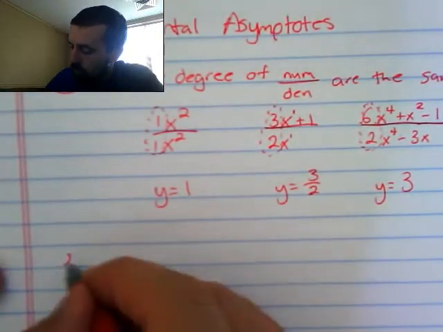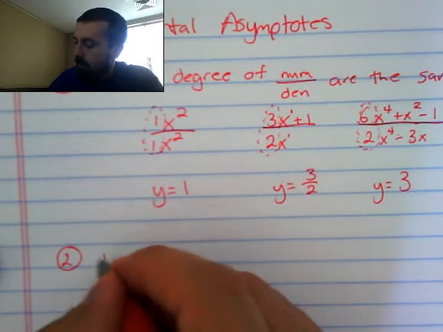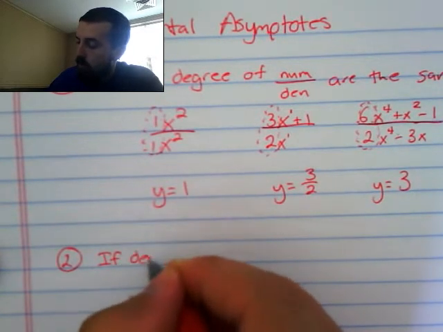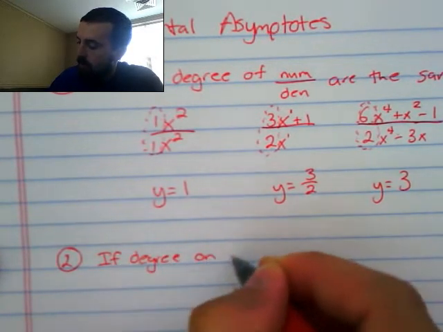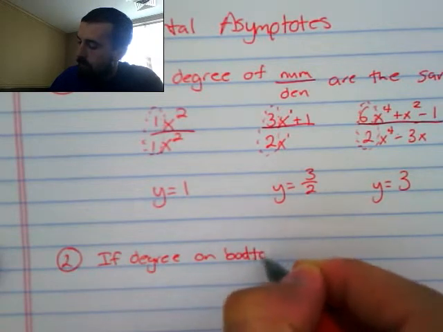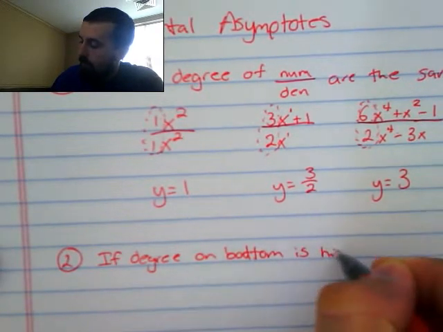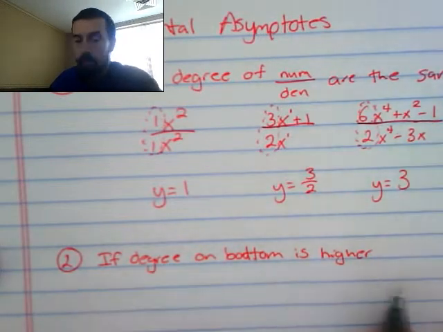Now, number 2 would be if the degree on the bottom is higher.